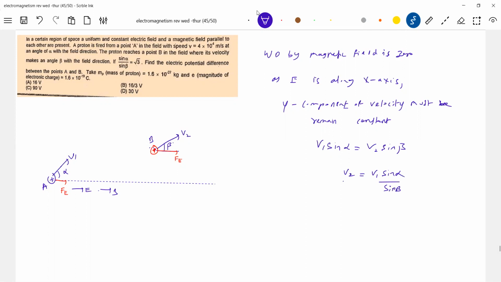Okay, after getting V2, who will do work? The electrostatic force will do work. So initial kinetic energy m V1 square by 2 plus work done by the electrostatic field should be equal to m V2 square by 2. What is the work done by the electrostatic field? That is the change in kinetic energy. And the work done by the electrostatic field in moving a charged particle from one point to another is Q into (VA minus VB), which is nothing but the potential difference.